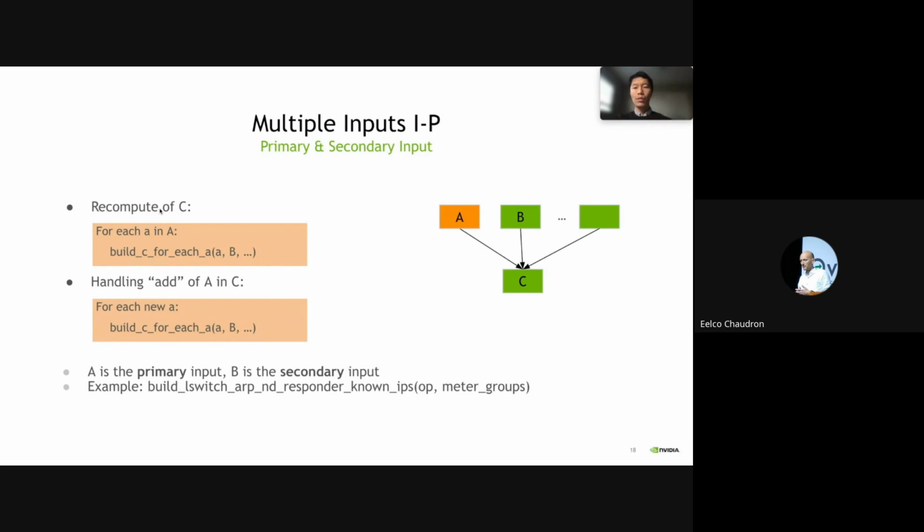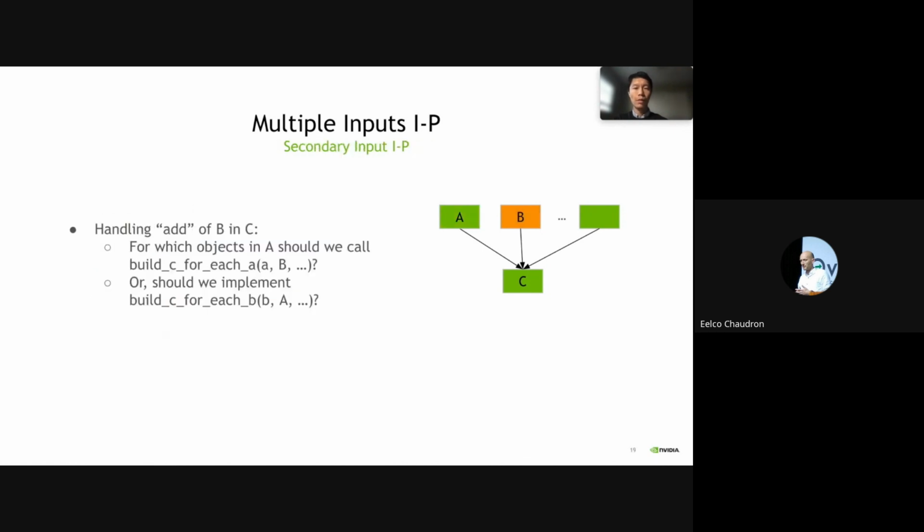So in the recompute function of C, we usually have this logic that for each object in A, we have a main function that can build the object of C. So A is the main input, and B and other inputs are associated data that can be queried when we generate the object of C. In this case, when there's any new object added in A, we can just call the same function for those new objects.